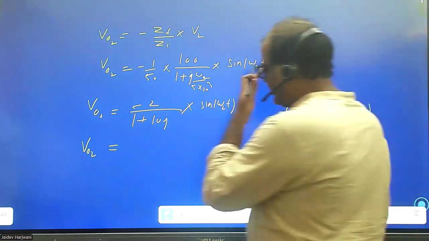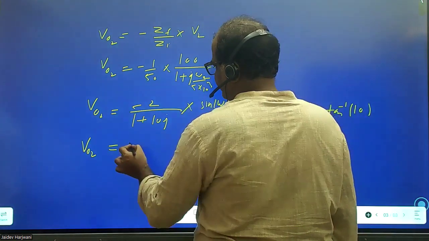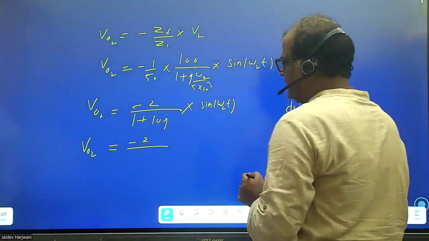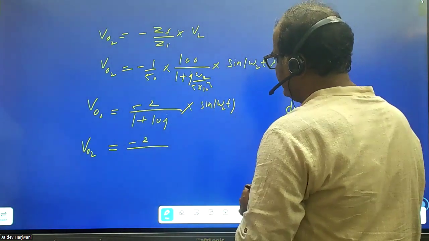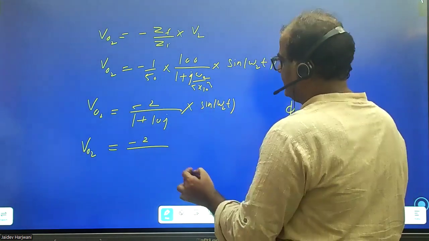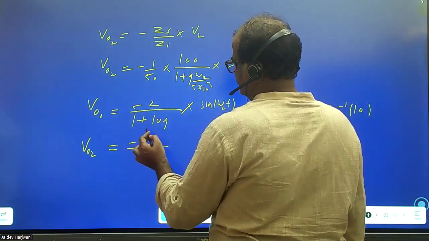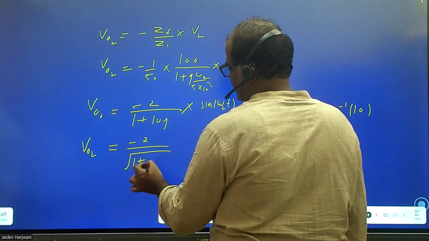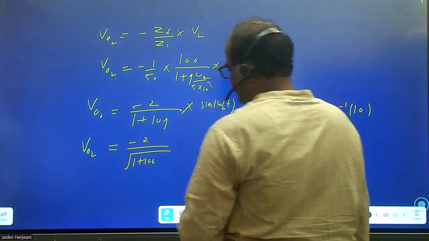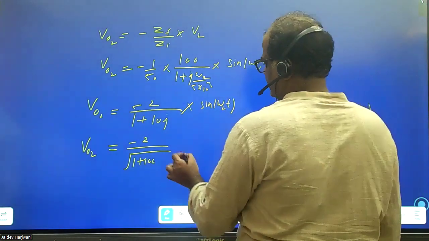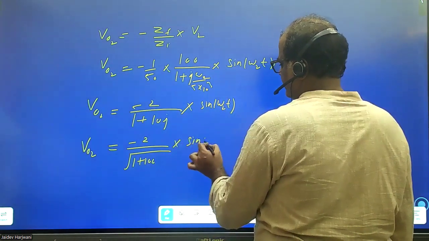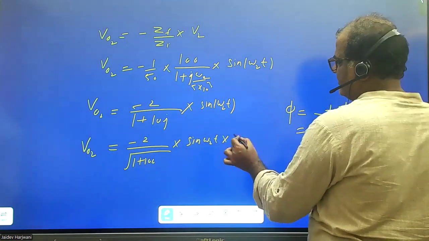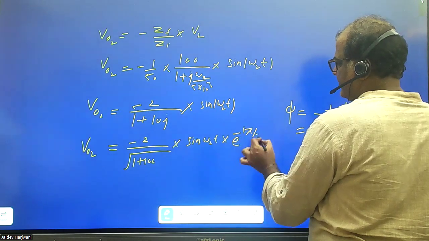So now the magnitude is minus 2, and the magnitude of this one will be 1 plus 100, into sin ωt, into the phase which is 90 degrees, so e to the power minus jπ/2.